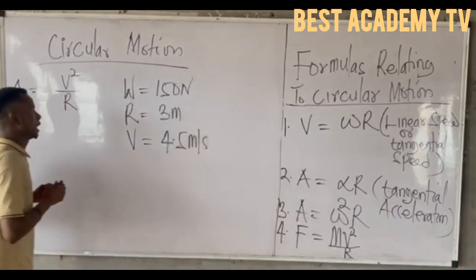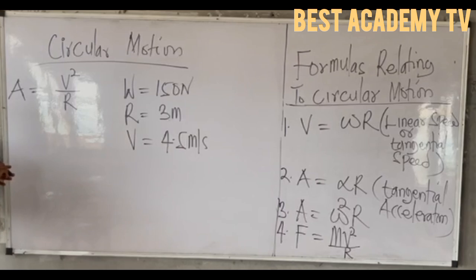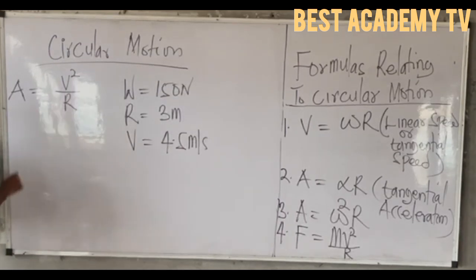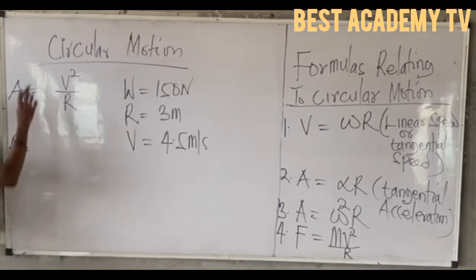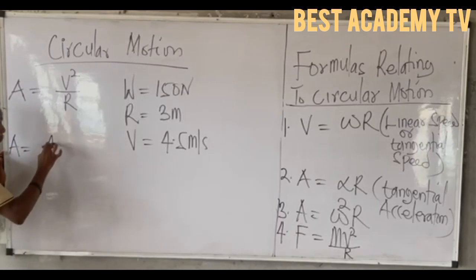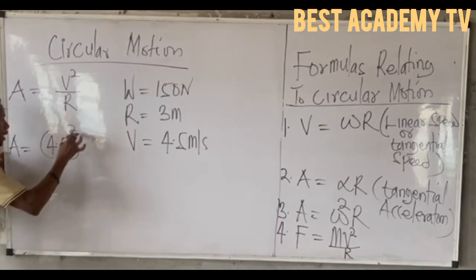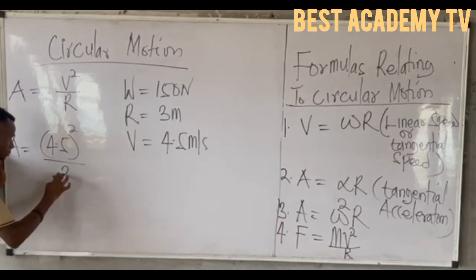Now class, our velocity is given, our radius is given, so we can easily replace the parameters here to find this. Our acceleration is 4.5 all squared over 3.